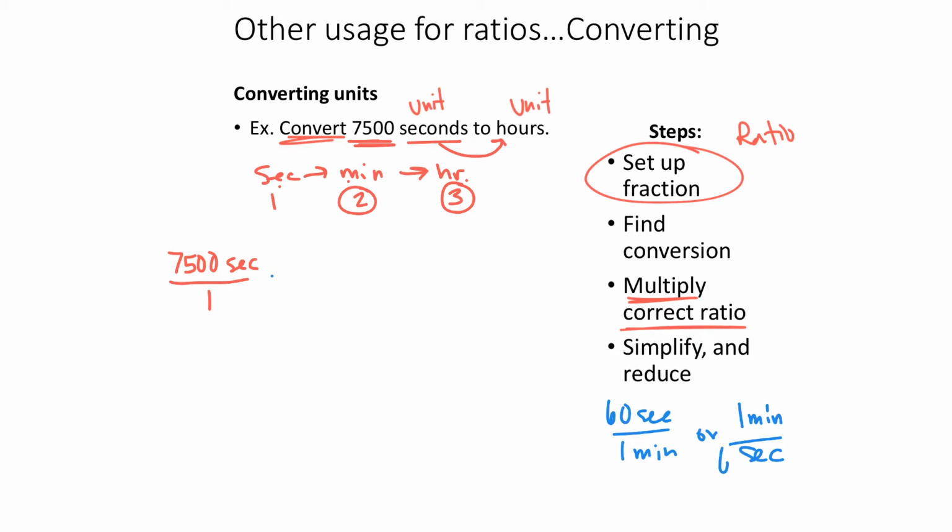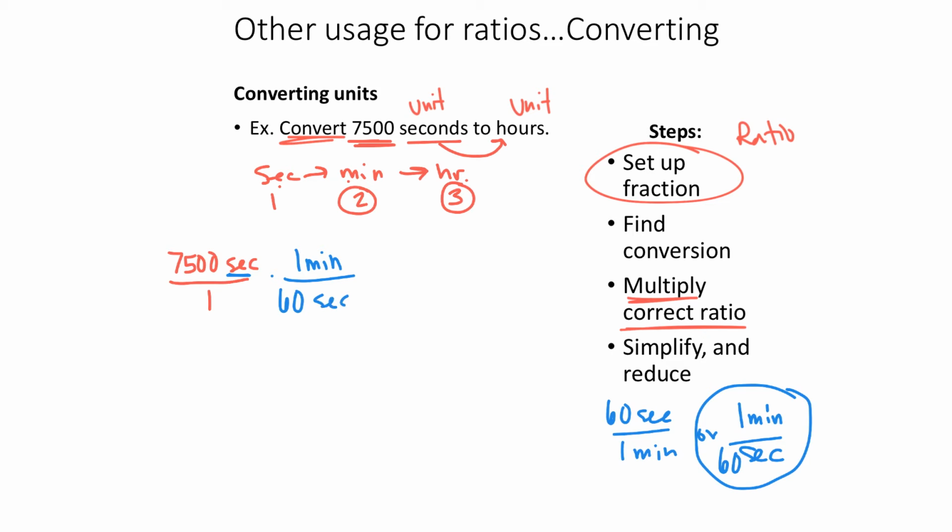Now, both of these mean the same thing. They both have a ratio of 60 to 1, but it just depends on what one we're trying to convert to. Now, if you notice, we're converting seconds to minutes, and so what we want is the conversion that has minutes in the numerator. Now, what happens with this, if you remember from your previous math classes, is that there's a thing called cross-canceling.